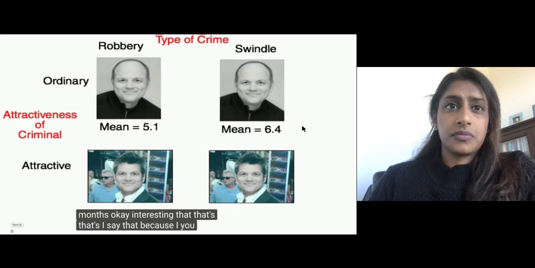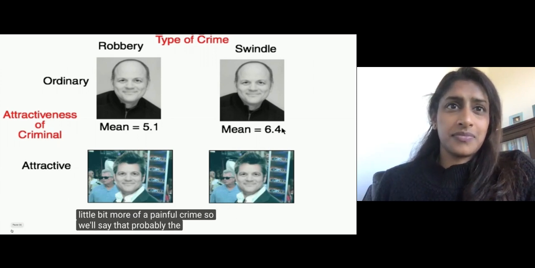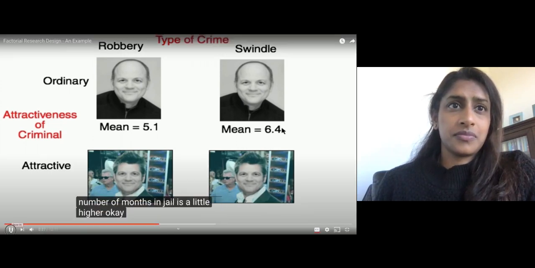I say that because probably with swindles, people would sympathize with someone being victimized, maybe in a robbery. It depends upon the description. In the robbery, it may be possible for the person to get back what was lost through insurance, but a swindle is a little bit more of a painful crime. So we'll say that probably the number of months in jail is a little higher.